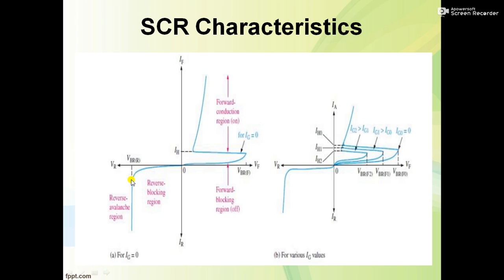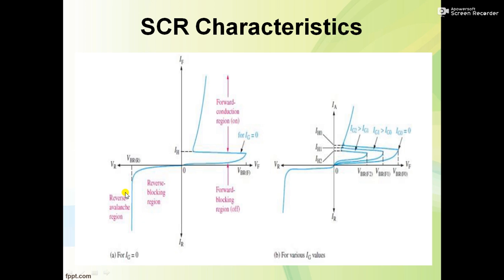Suddenly there is a change in the reverse current with respect to VR. That voltage is called the reverse breakdown voltage, or reverse blocking region. When the reverse current suddenly increases like this, that region is called the reverse blocking region.